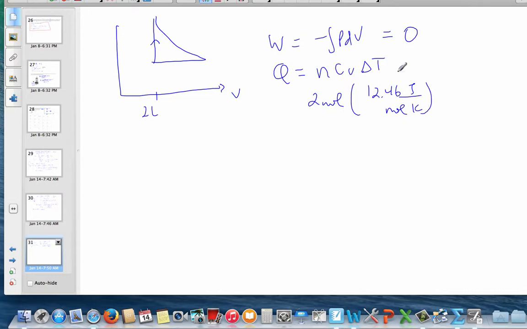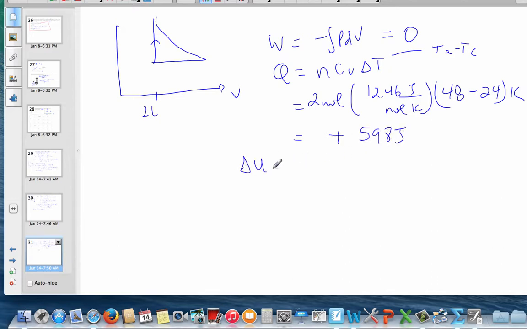And then final minus initial, so this will be temperature A minus temperature C, we're warming it up from 24 to 48 Kelvin. So the amount of heat that flowed into the gas is 598 joules. So when we apply the first law of thermodynamics, because the work done was 0, we find that the internal energy is increasing by 598 joules.